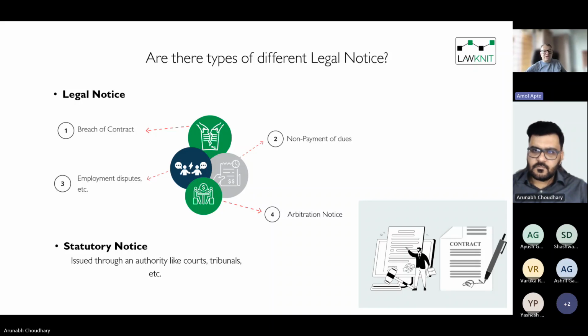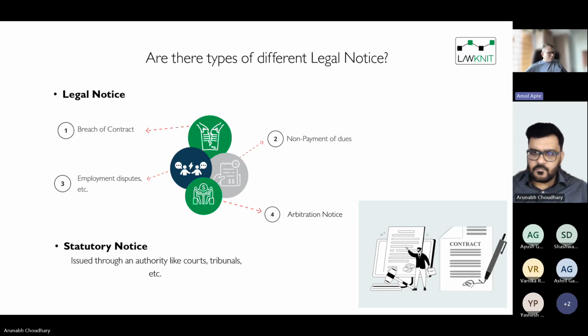Propose the name from your side and call upon the other party to agree or suggest a name from their side. If that doesn't work, then you have the option of approaching the high court or a commercial court in the relevant jurisdiction under Section 11 to get the arbitrator appointed.